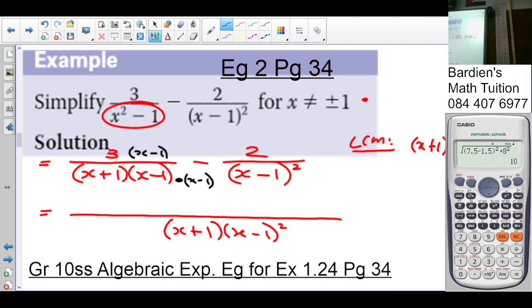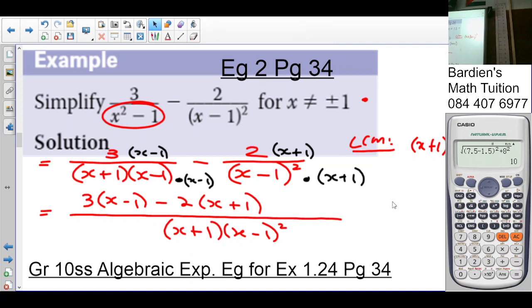What must this x minus 1 squared be multiplied by? X plus 1. So you will notice that I don't multiply it out immediately, because I always make a mistake on this one. So what I do is I write it out first. So it's 3 into x minus 1 minus 2 into x plus 1.